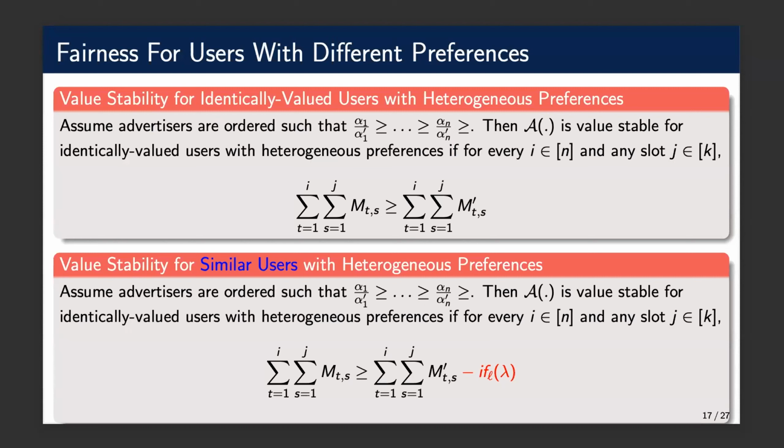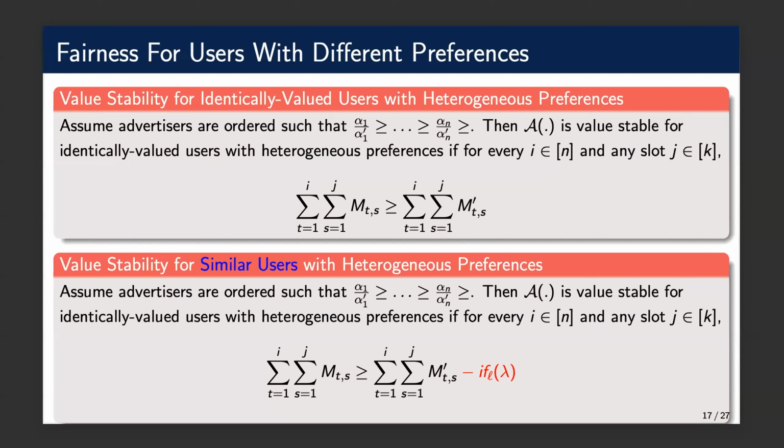But what we really want in this definition of fairness is, if I consider the preference vectors of the users U1, U prime, alpha, alpha prime, and then sort the advertisers based on the ratio of alpha to alpha prime, what I expect to see is that when summing up the allocations over any first J slots and any first I advertisers in this order, I want this sum, the mass of allocation, to be more for the first user than the second.